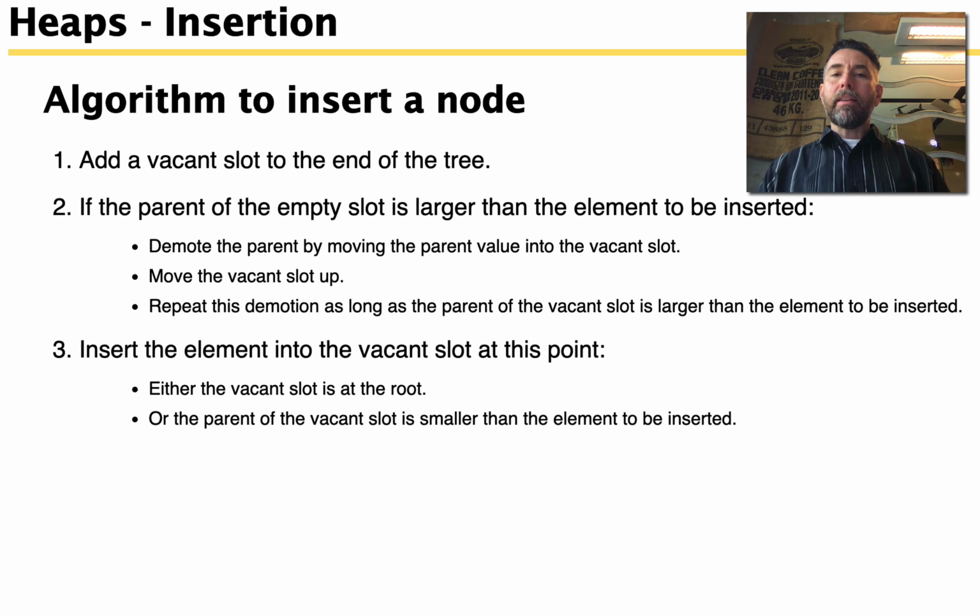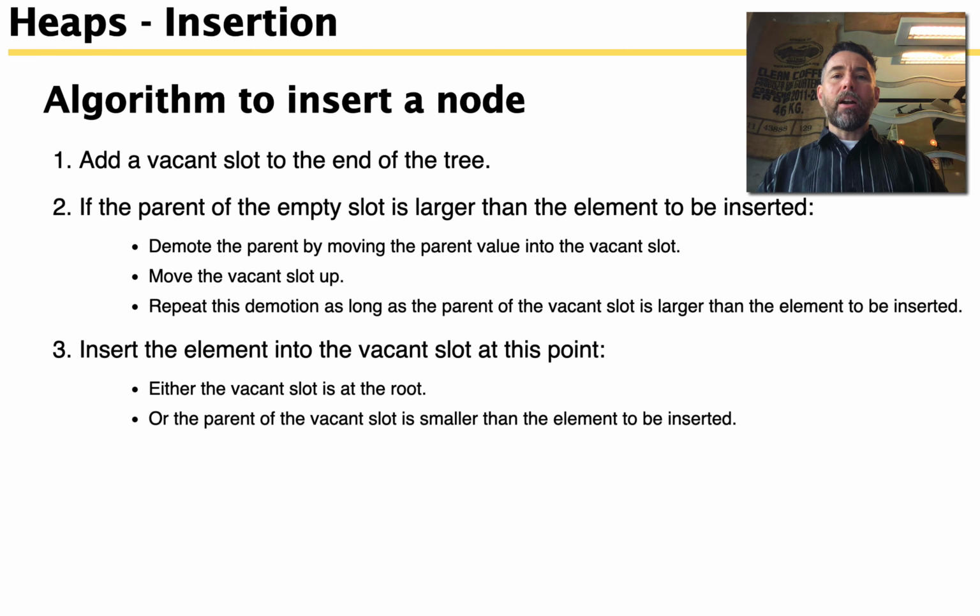In a heap, the algorithm that we use to insert data looks something like this. Find the vacant element at the end of the tree. That's the place where we're going to put some data. If the parent of that empty slot has a value that's larger than the element that we're about to put into the empty slot, we can't do it because it would violate the heap property.